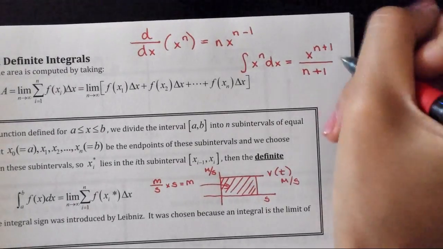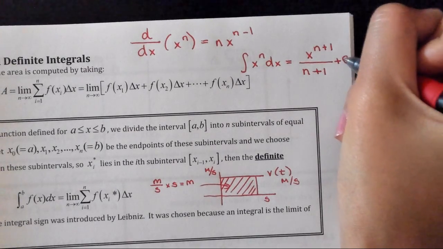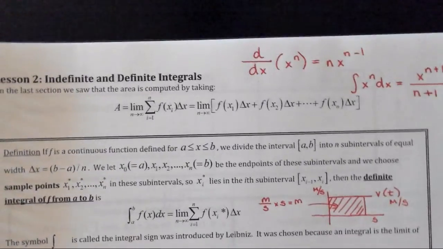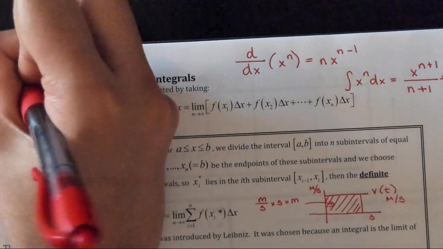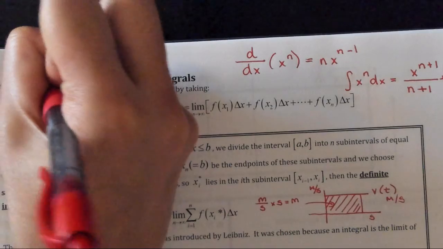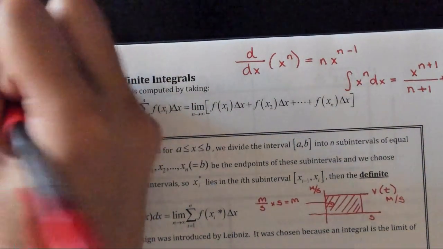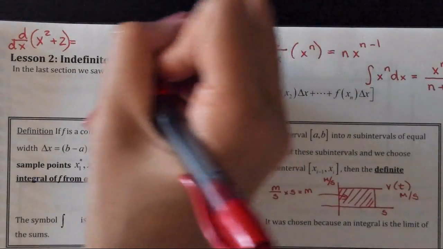And then there's a plus c here. There's a constant c because think about when you take the derivative of x squared plus 2. If you take the derivative of x squared plus 2, then you just get 2x, right?